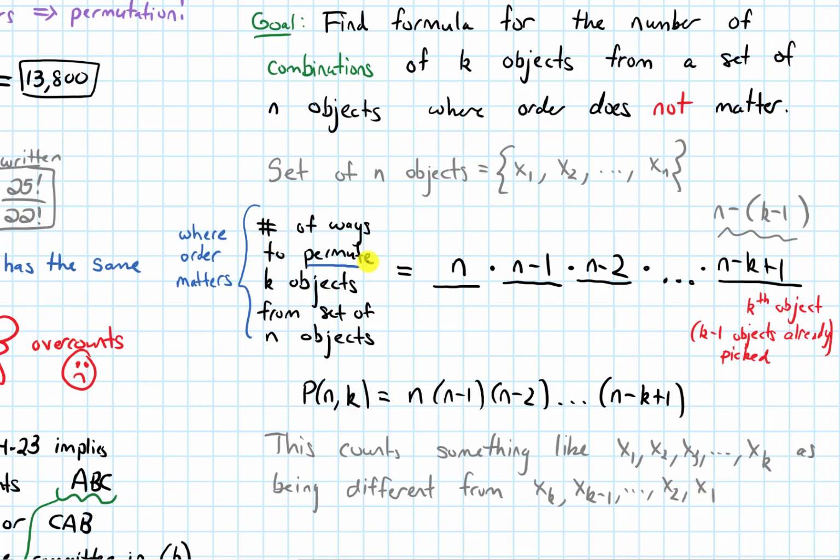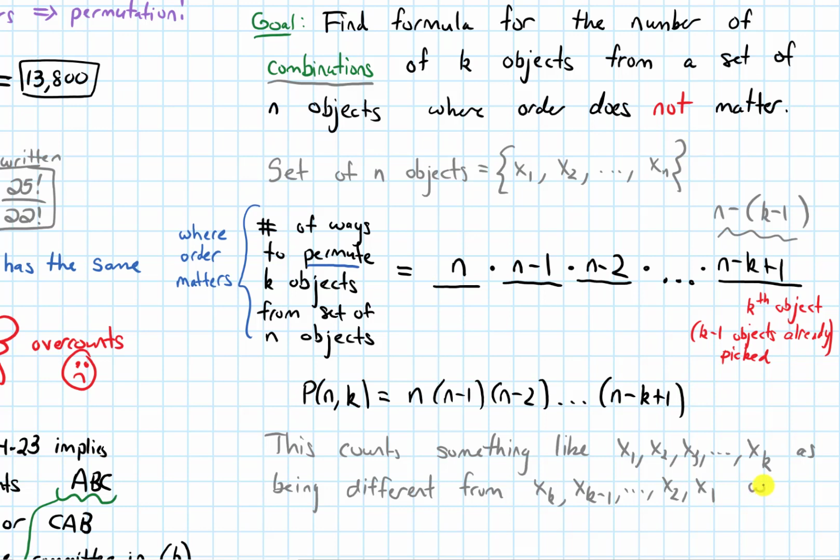Because when I count the number of permutations, that's saying the order matters. So if I switch the order of my objects, this formula is counting those as different things. Okay, but in my goal right here, when we're counting the number of combinations, we want the order to not matter.